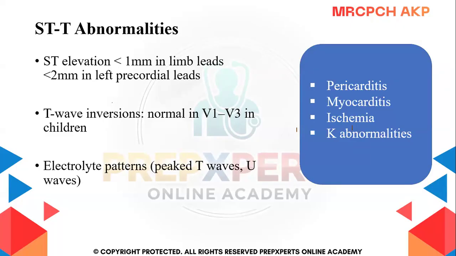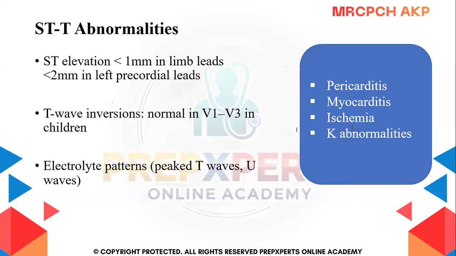Now we get to the ST and T abnormalities. ST elevation is when the ST segment is elevated. ST elevation should be less than 1 millimeter in the limb leads and less than 2 millimeter in the left precordial leads. I hope you all understand about the limb leads and the precordial leads.